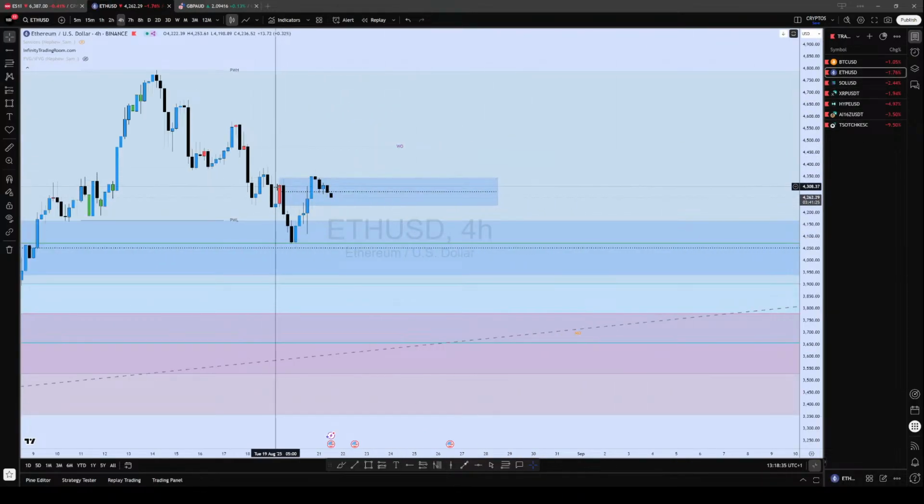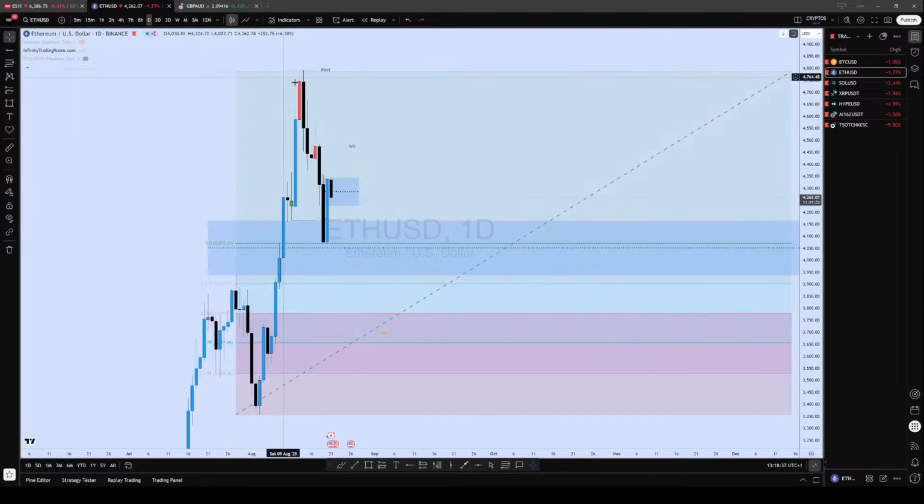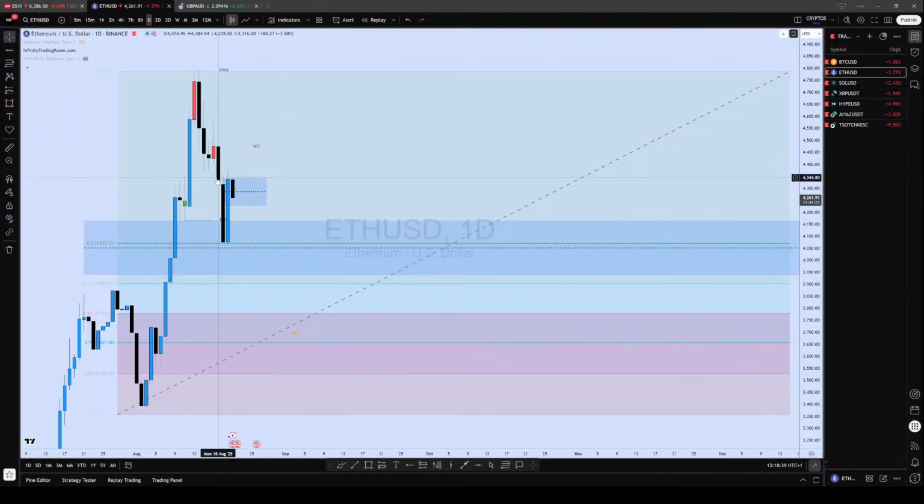Ethereum, it did manage to go above it, but on the daily it didn't close above it, which has dipped into a fair value gap. Hence, I'm not convinced yet that this is bullish.